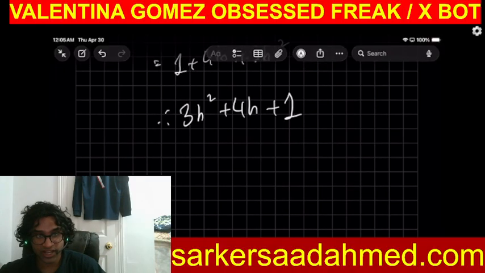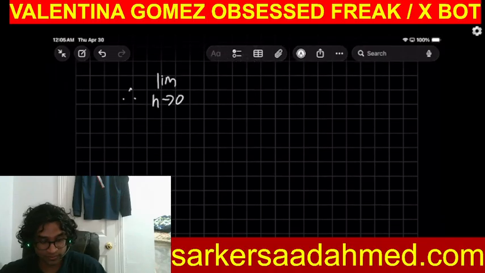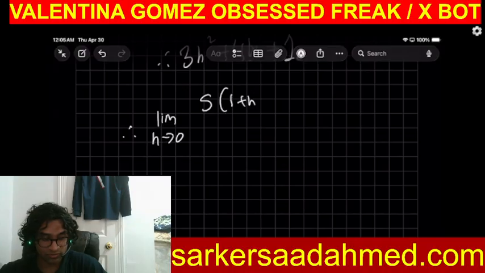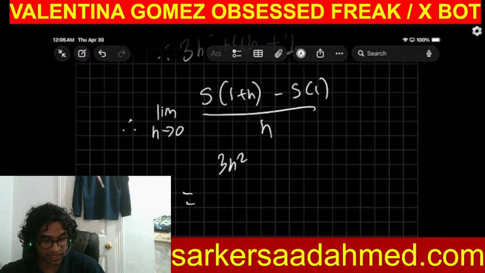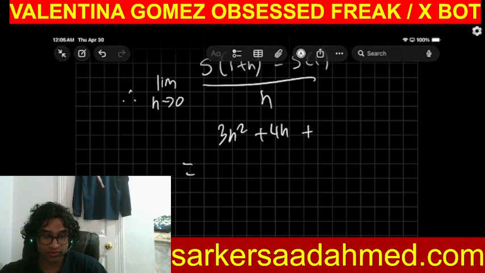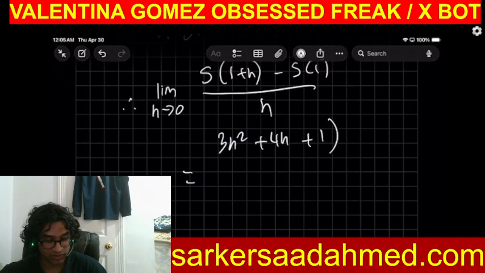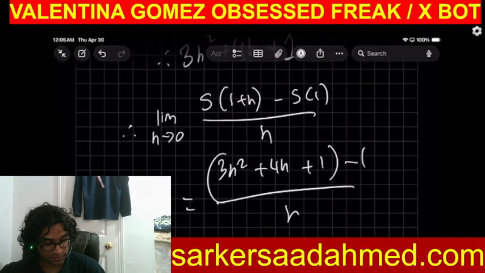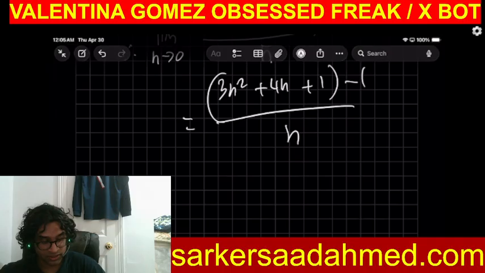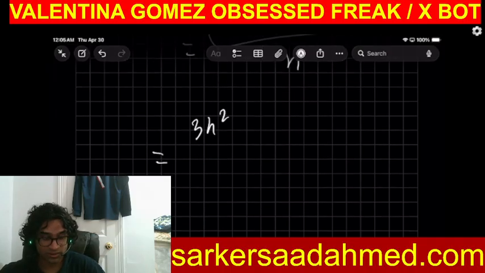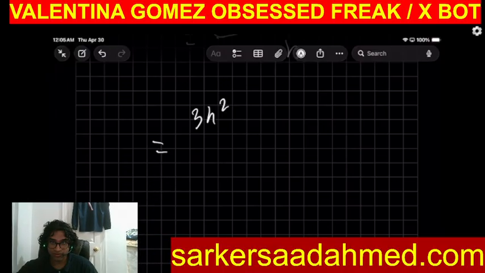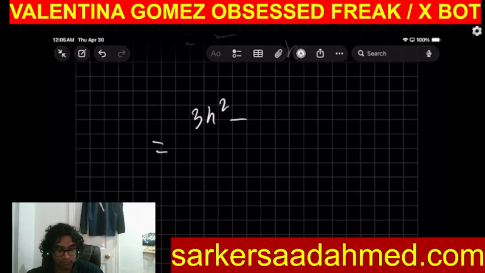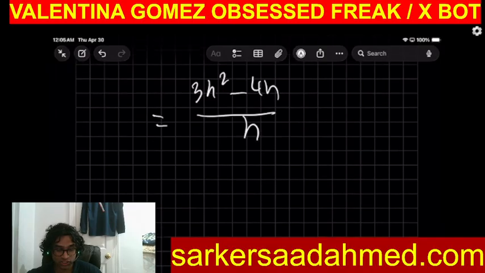And then I'm going to bring that fraction, which is limit as h approaches 0, s of 1 plus h minus s of 1 divided by h, which is 3h square plus 4h plus 1 minus 1. I'm going to have 3h square plus 4h divided by h, right?